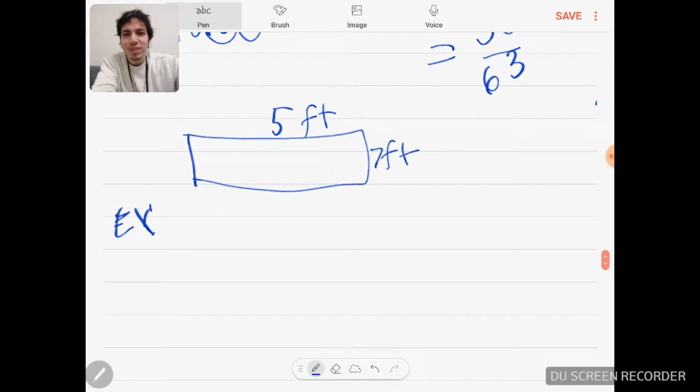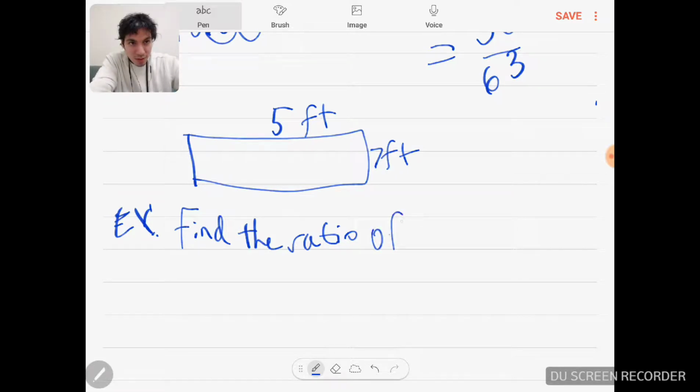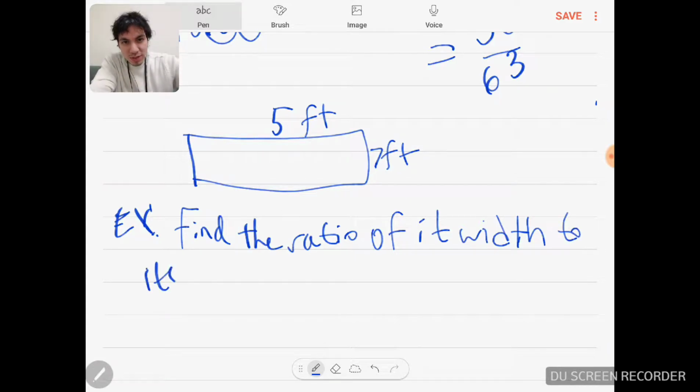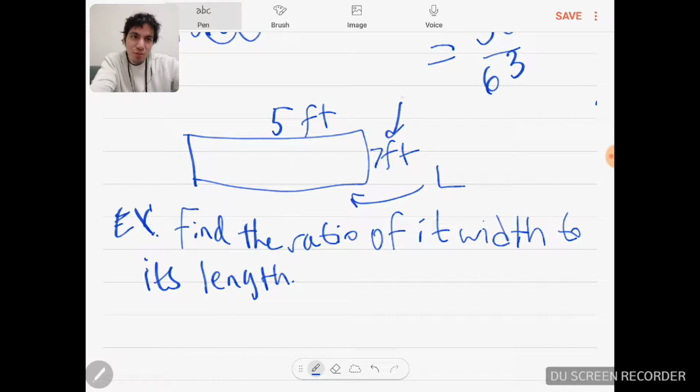And then the example is asking you, find the ratio of its width to its length. Now, length being the longer piece, so this is my L, and the shorter piece is my width.